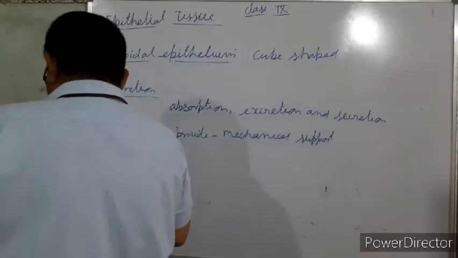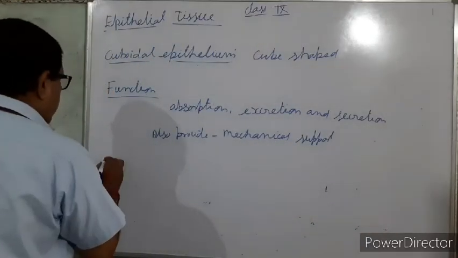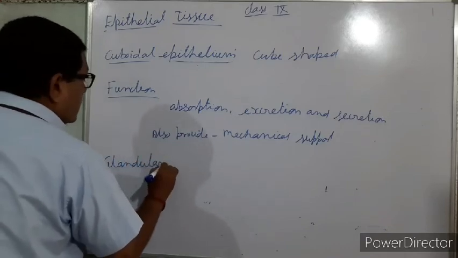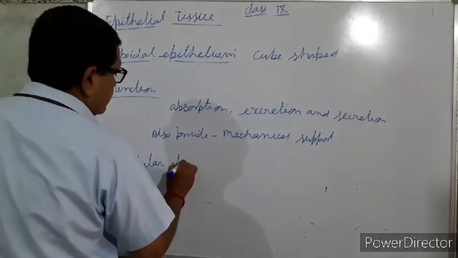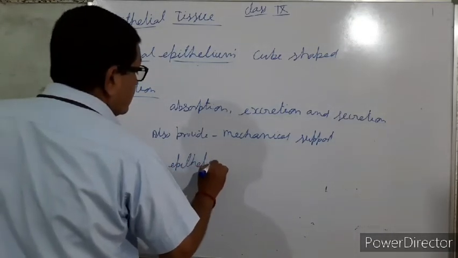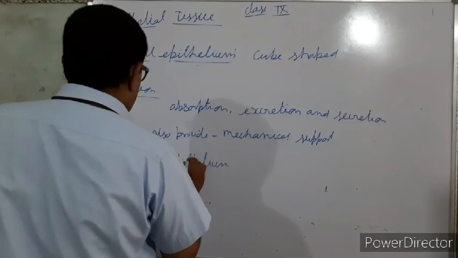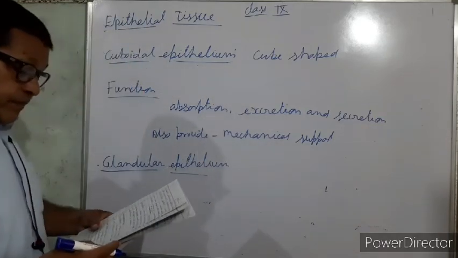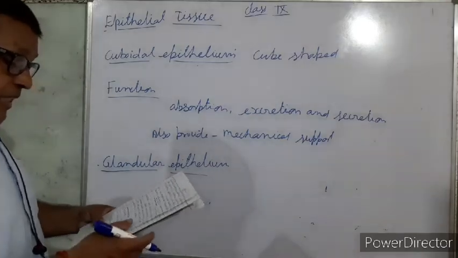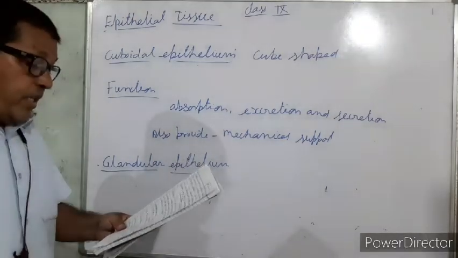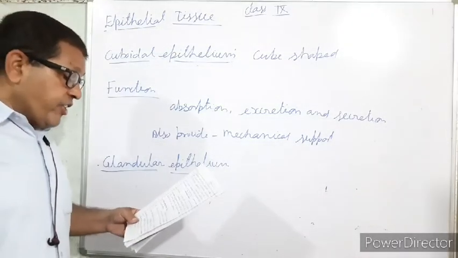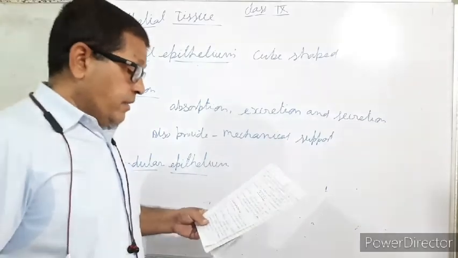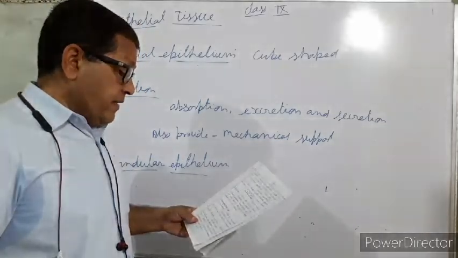Now next is the glandular epithelium. This glandular epithelium, as the name indicates, is epithelial cells after acquiring additional specialization as gland cells.